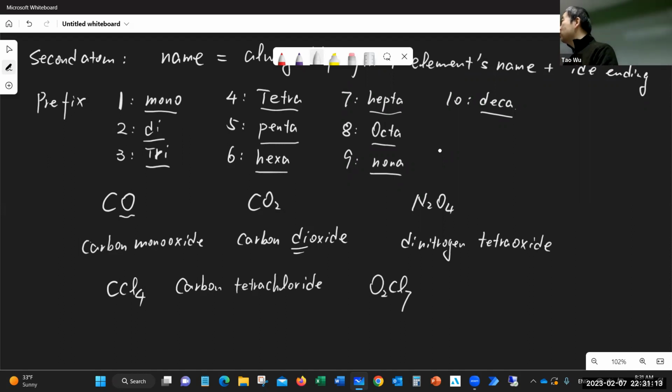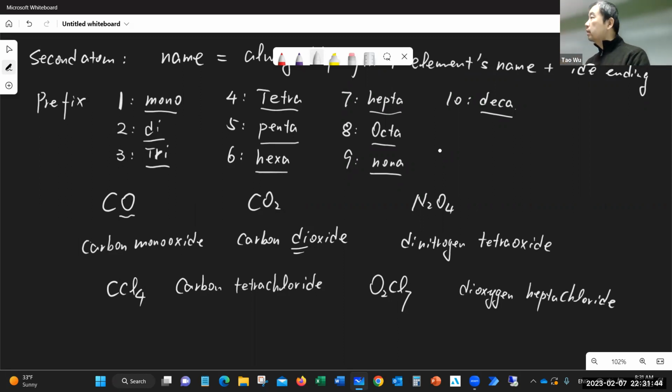Okay, O2Cl7. So the first one has 2 atoms, so it's dioxygen. The 7 is heptachloride. Okay, dioxygen heptachloride.